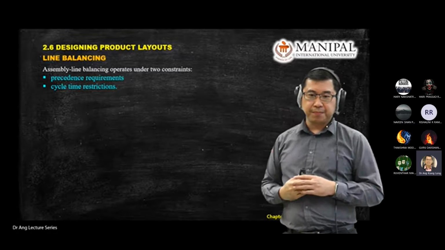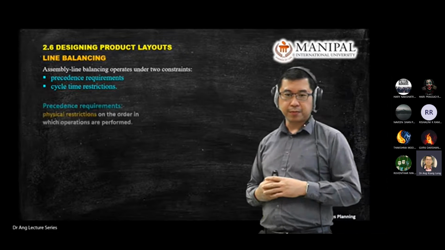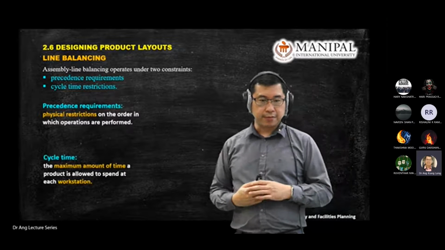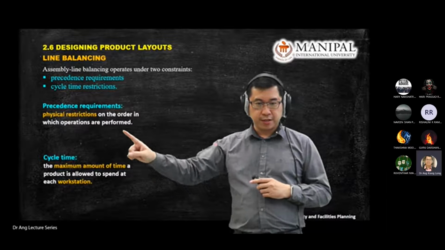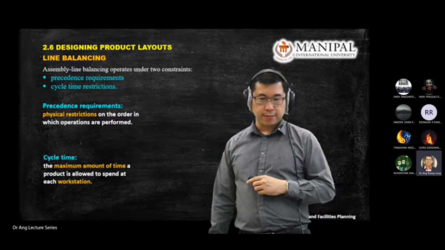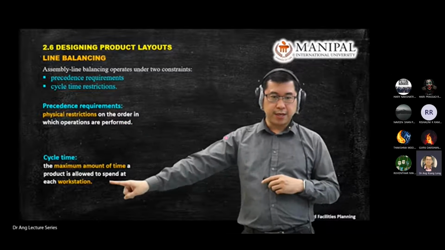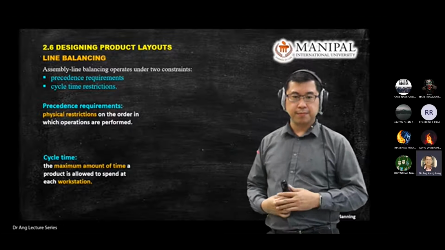Second, what are the time restrictions for each process? These are the two definitions you can read through: precedence requirement and cycle time.